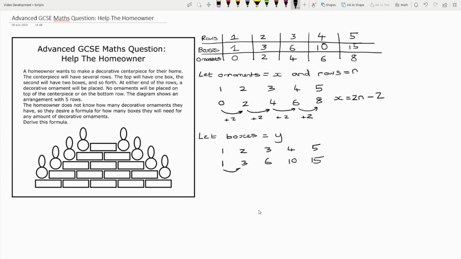And the common difference here changes as we increase the term. So you can see that each time we move a term to the right, our common difference increases by 1. And this is an example of a quadratic sequence. So the common difference increases by 1 each time.